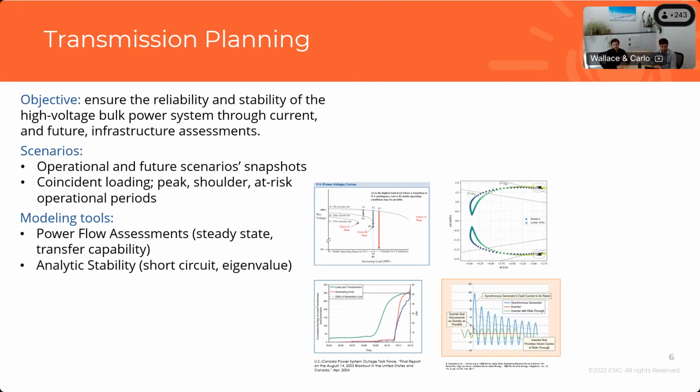This is actually an element of change in contemporary systems with more inverters: in historical systems you could use analytic approaches only to find what your short circuits were based on a synchronous generator response. The digital control of IBRs implies that there is an element of time domain analysis to find those short circuit responses. So we could argue that those live both in the analytic and also the time domain.